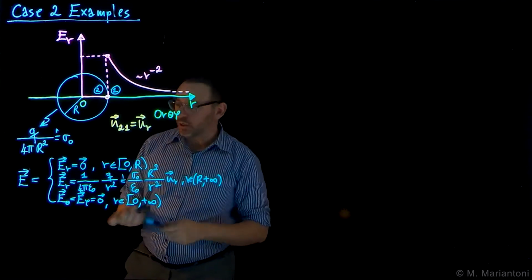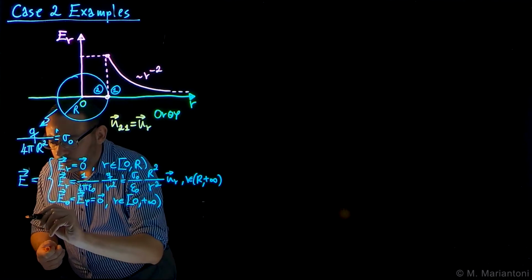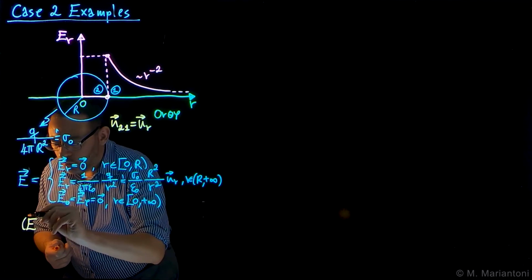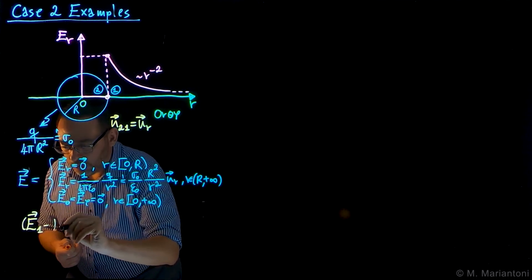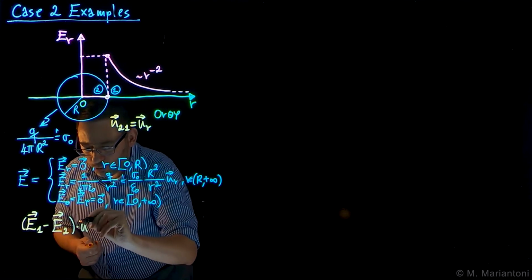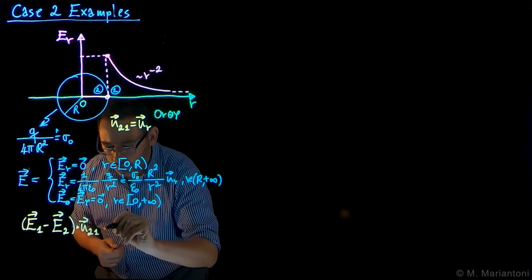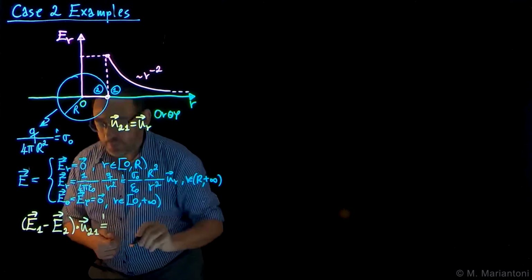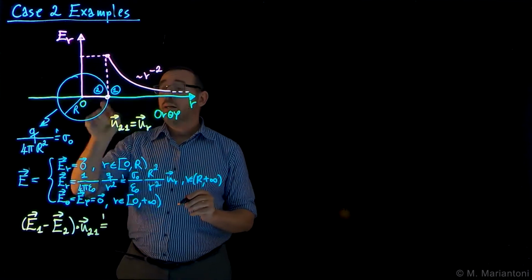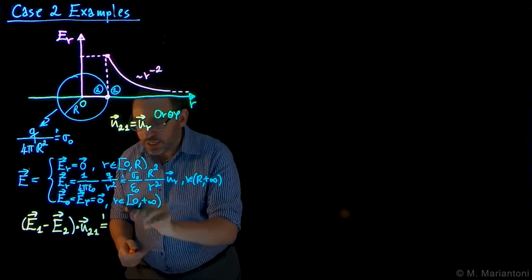So with respect to this coordinate system, we can finally write down here (E1 minus E2) dotted with n_21, obviously. With respect to this coordinate system, E1 is in the region outside, so this is given by this quantity here.